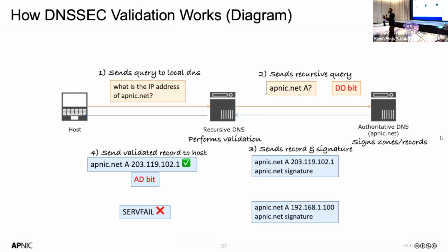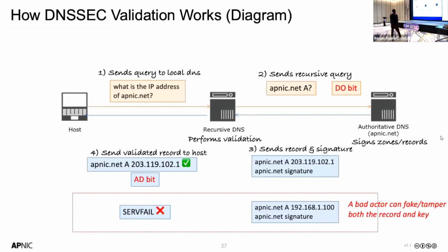It will say server failed, so this is not the right answer. This way, the host, which could otherwise unknowingly go to a wrong address, is not going to get the answer, and so it's not going to go to the wrong address. So this way, it is actually secure.